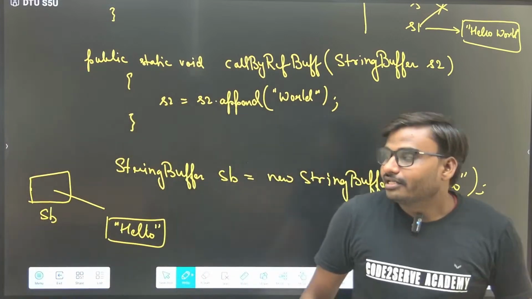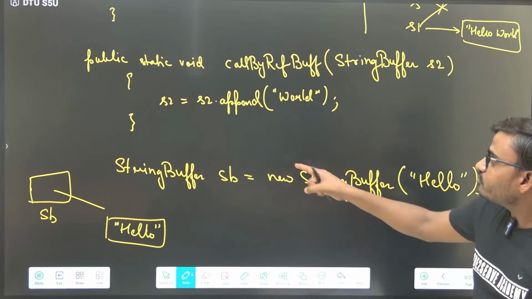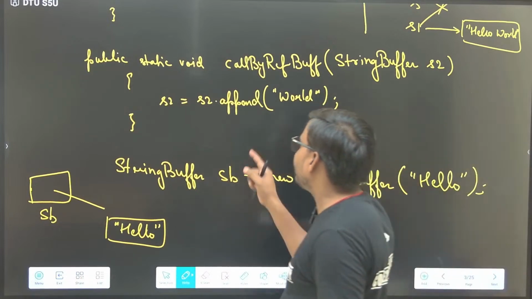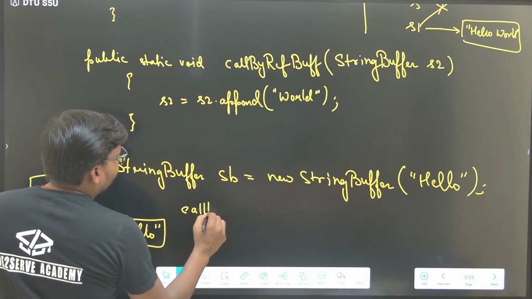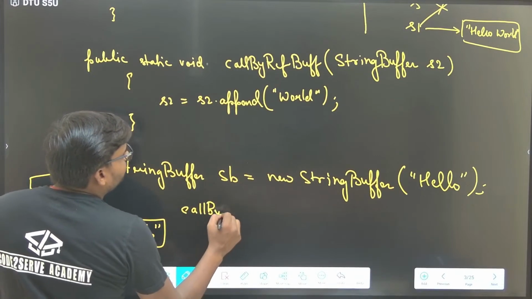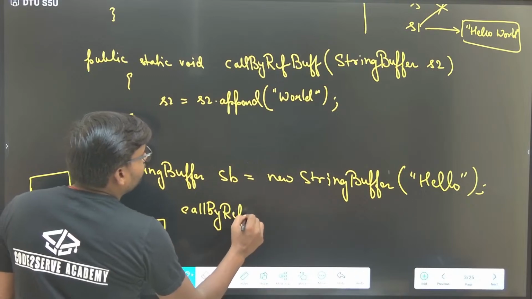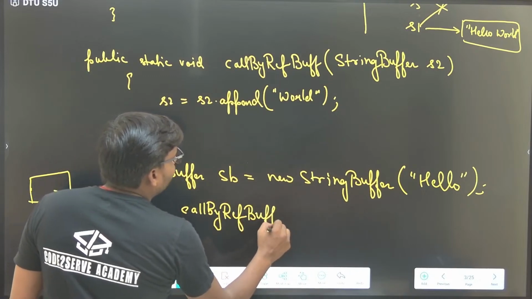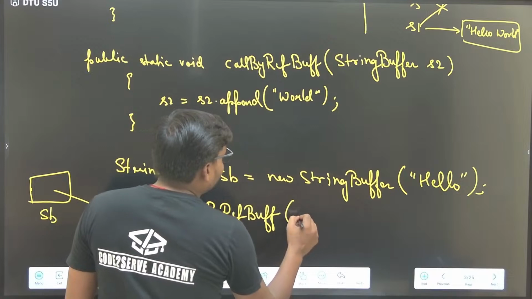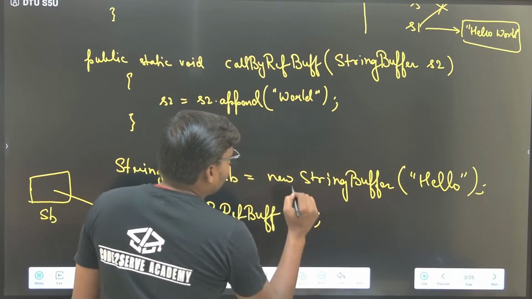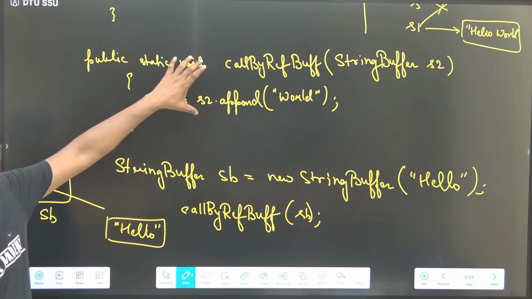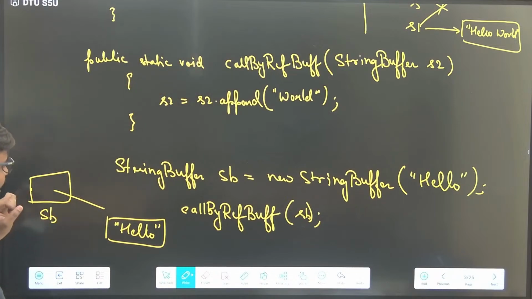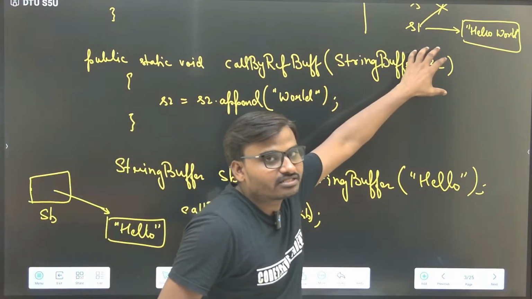Now you see, suppose we are passing this SB call by reference to this function, and we are passing this SB. So what happens? If you are passing this SB to this function, as I told you, S2 also exists in the memory.